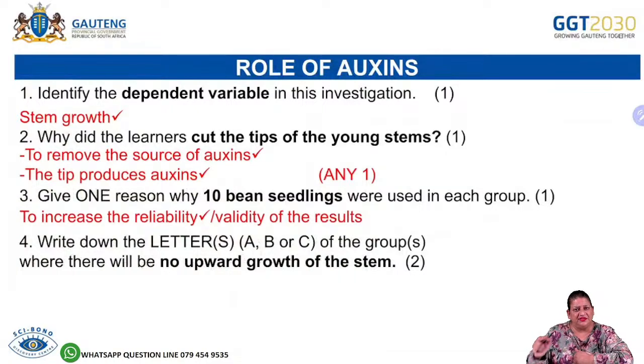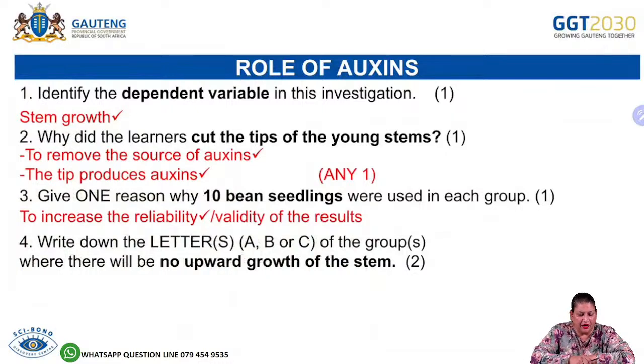We want the same results. We want to compare the same things. We want to make sure it's fair. So therefore, validity, fairness, reliability, we want to get the same results. We don't want another factor to cause a disturbance in the results. So remember, whenever the sample size is bigger, we talk about reliability. If we keep it the same, we talk about validity.